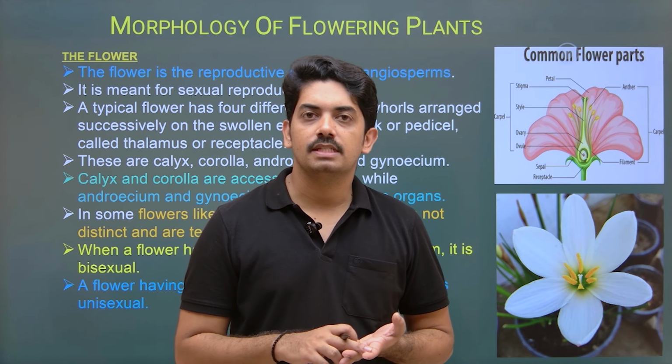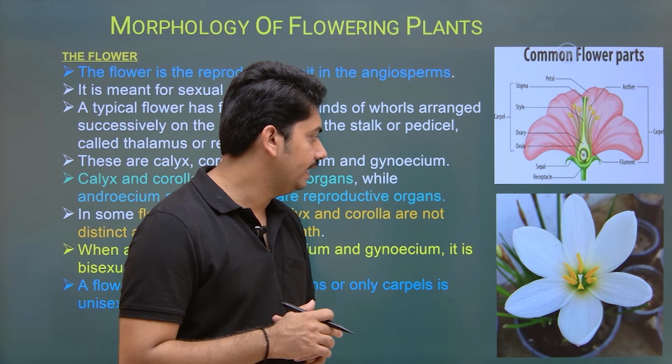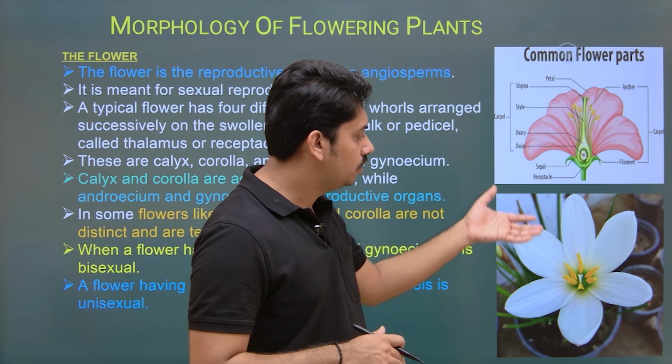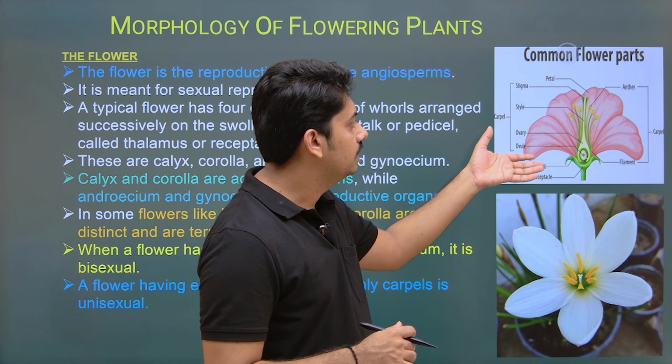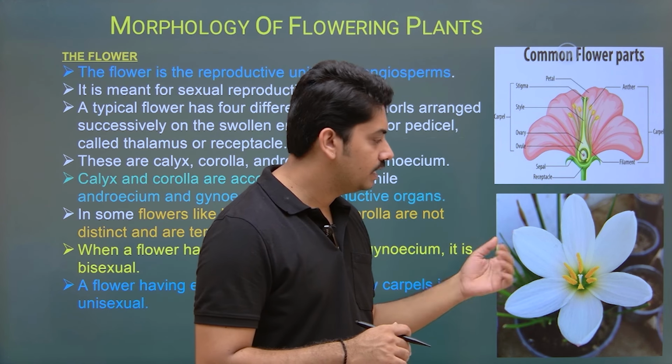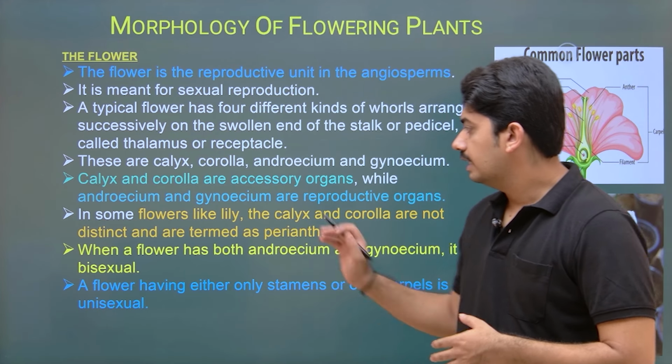The Gynoecium consists of stigma, style and ovary. We will study that in detail. Here there are two examples you can clearly observe: one is the hibiscus flower, another one is lily flower. So the same thing is explained here.